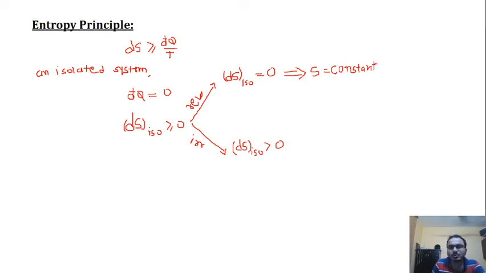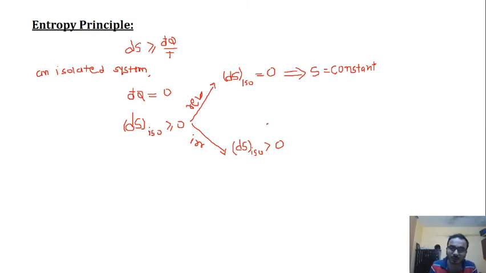The meaning is that for an isolated system, if the process is reversible, then the entropy remains constant, and for an irreversible process in an isolated system, the entropy always increases. So it is proved that the entropy of an isolated system can never decrease.